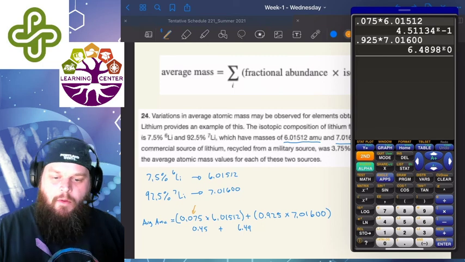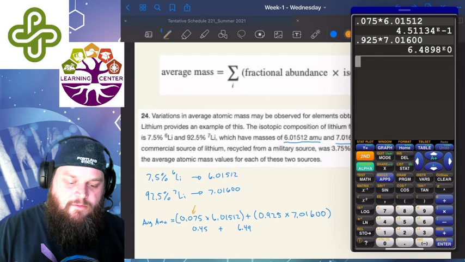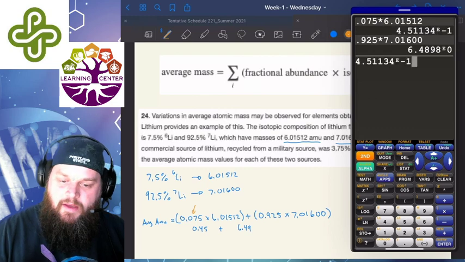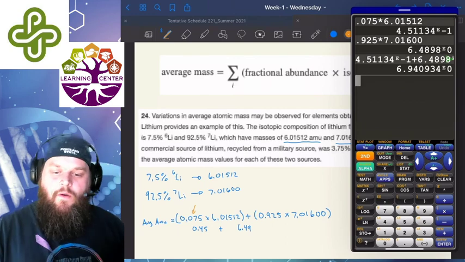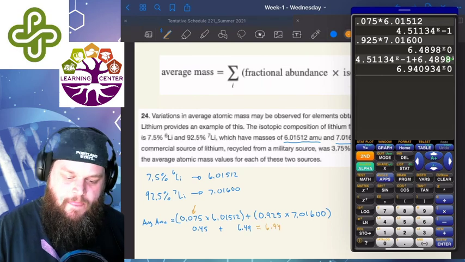But we want to include the numbers after that in our initial calculation, and then round at the very end. So I'm just going to pull the number from my calculator and add that to the next number in my calculator. I'm going to say that's 6.94. We're going to round it after the second decimal place. 6.94 AMU.